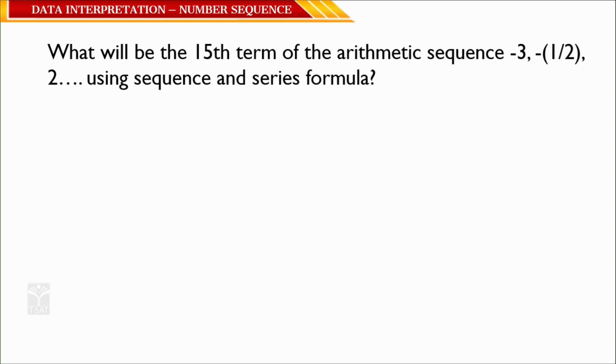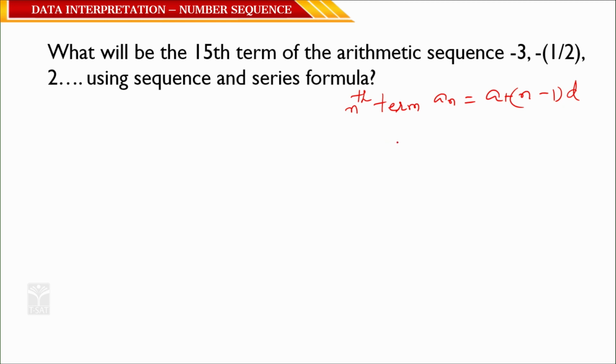So, in an arithmetic sequence the nth term an is equal to a plus (n minus 1) d. This is the formula. Here a is the first term, n is the number of terms and d is the common difference. How do we find the common difference?